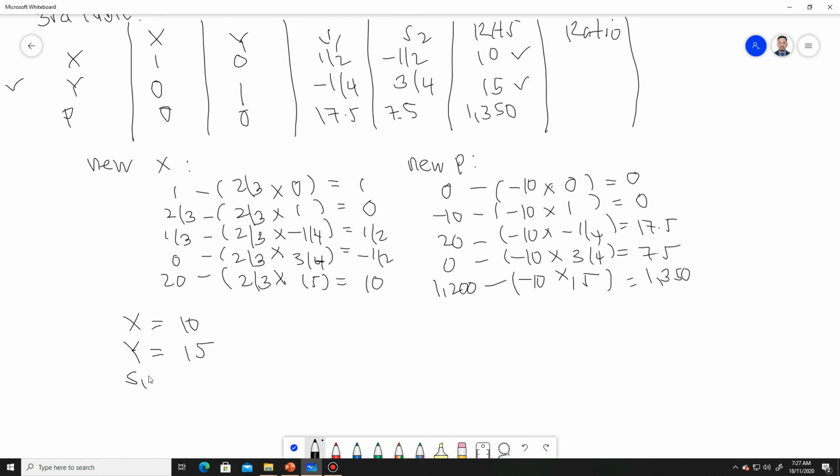Sa ating s sub 1, so, wala tayong s sub 1. So, this is 0. Sa s sub 2, so, again, wala tayong s sub 2, no? So, 0. And then, our max p, so, ating p value is 1,350.